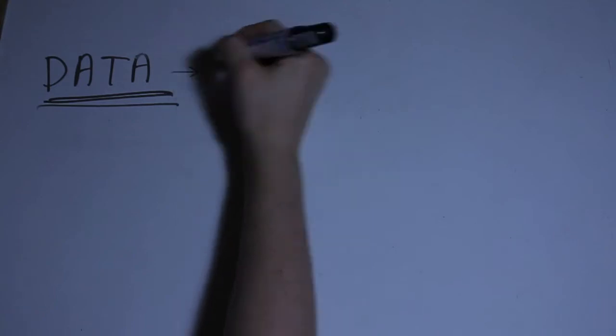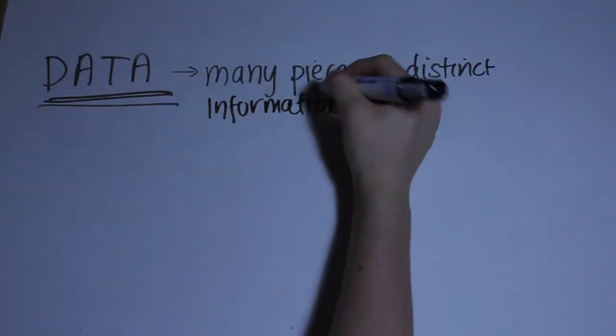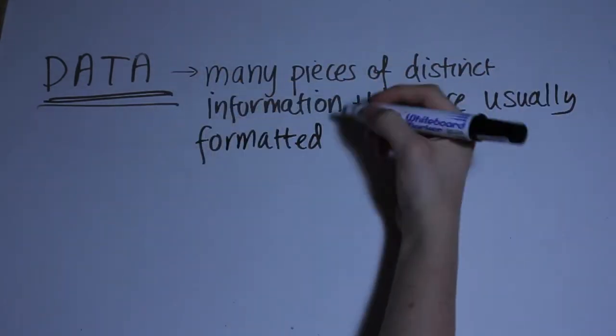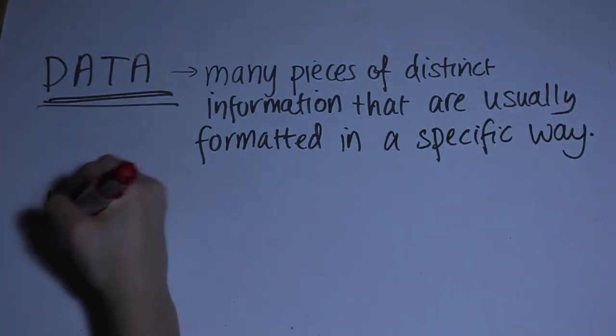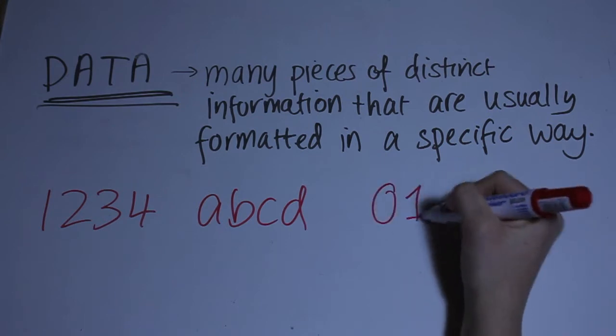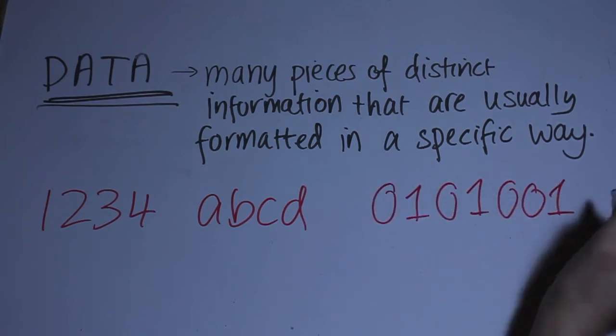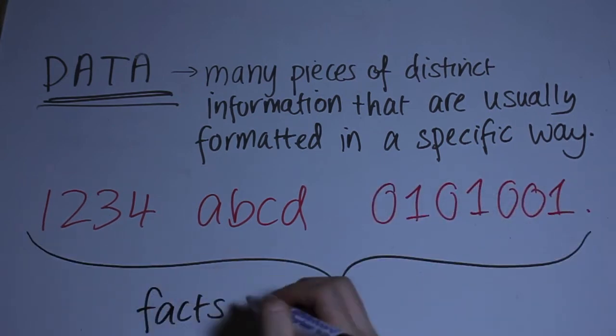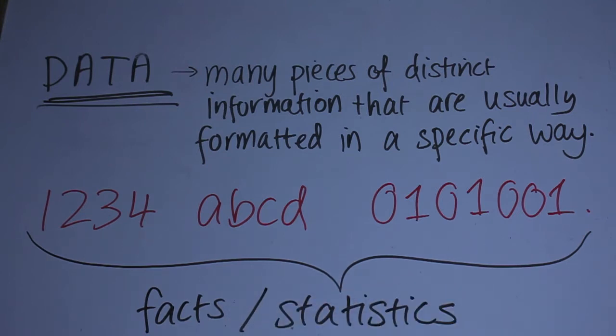What is data? Data is many pieces of distinct information that are usually formatted in a specific way. Data can be numbers, text, bits, bytes, anything that represents facts or statistics. Data can be used for reference or analysis.